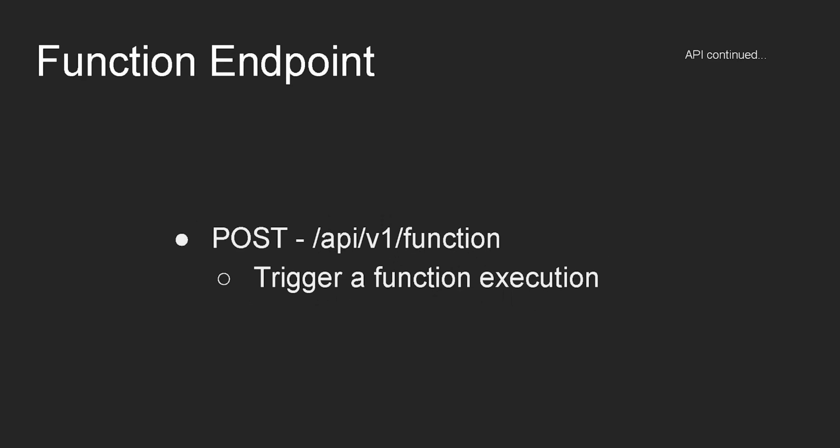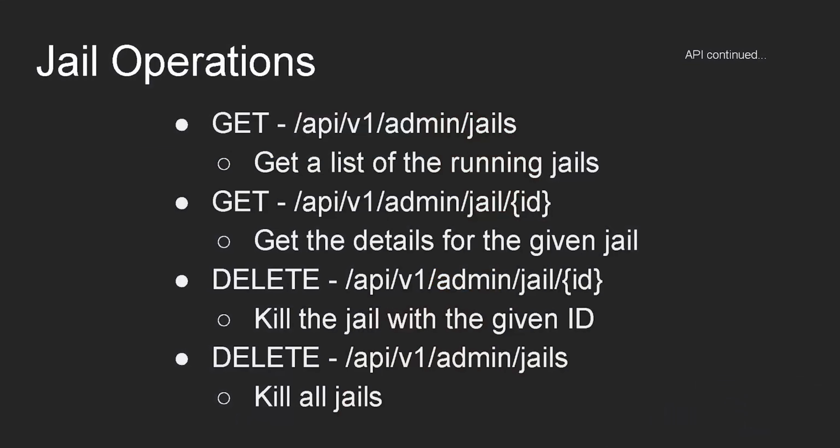The next is our API v1 function path. This receives a post request, and this is what's responsible for taking in the JSON payload, decoding it, and then executing our jail depending on what those parameters are. The system we have here for reference, which I'll provide links for, has operations for jails for listing out the jails, listing out all the functions that are currently running.